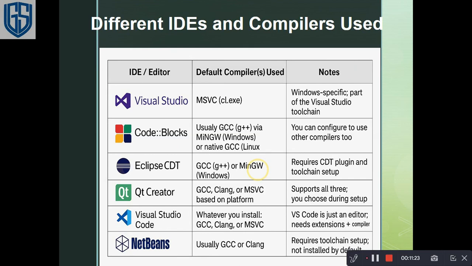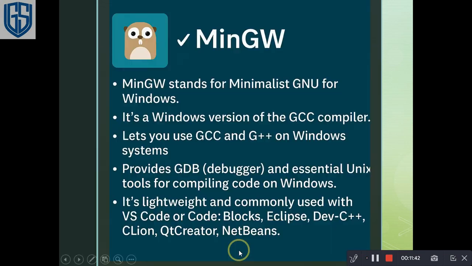Qt Creator supports compilers like GCC, Clang, and MSVC. Visual Studio Code also supports all three, GCC, Clang, and MSVC, depending on the platform you are working on. NetBeans usually supports GCC and Clang only.